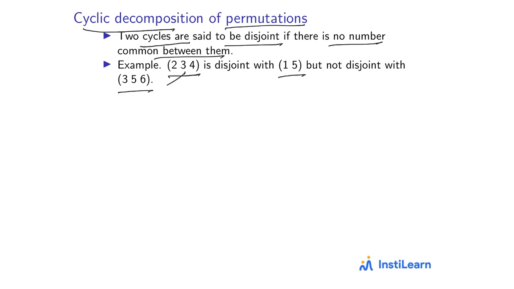Now (2, 3, 4) and (3, 5, 6) are not disjoint, because the number 3 is common between them. But (2, 3, 4) is disjoint with (1, 5), because here the numbers are 2, 3, 4, and here the numbers are 1, 5, so there is nothing common between them.